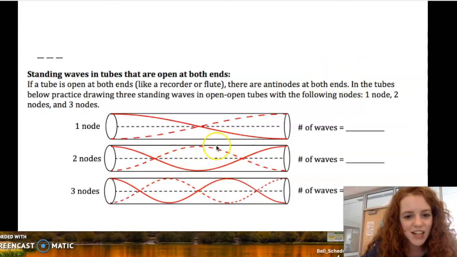Do the same thing here. Focus on either the solid line or the dotted line. Same thing here.